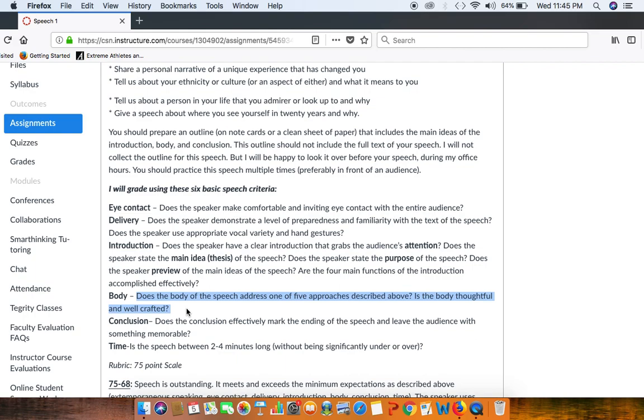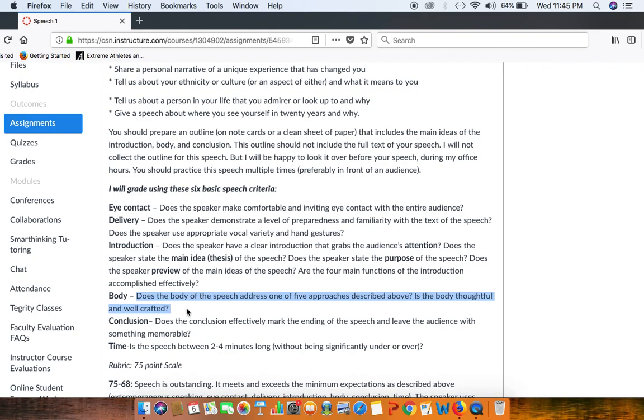Something like that. So you could actually have a very specifically organized body by type of main points, right? By little subpoints, if you want to do that. Again, if you're telling a story, it might not work that way.